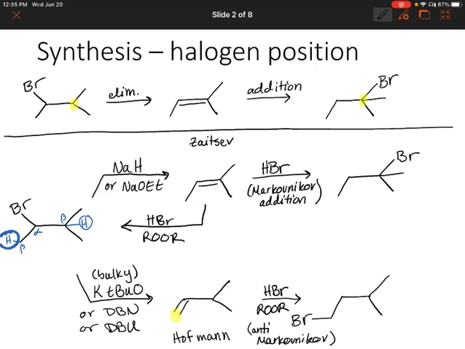Or if we wanted to create a primary alkyl halide, we could go through elimination and addition again, but this time we would use a bulky base to favor the Hofmann product, and then we would perform anti-Markovnikov addition to place the halogen on that primary carbon.